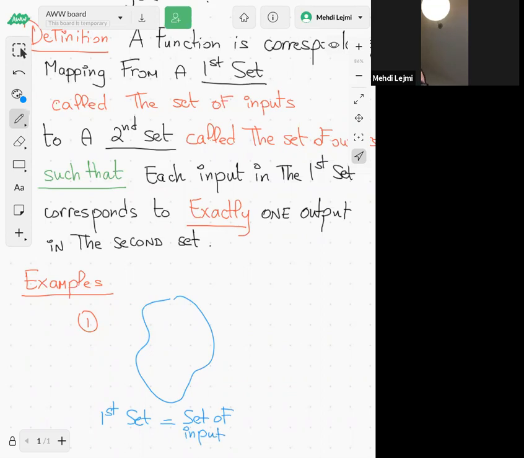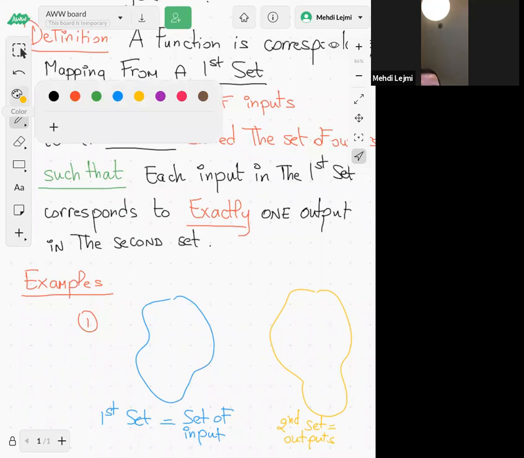And there is a second set. So it's really important, guys, to distinguish between the two sets, right? Between the set of inputs and the set of outputs, right? This is the second set here, and that's the set of outputs. Now, each set has elements.